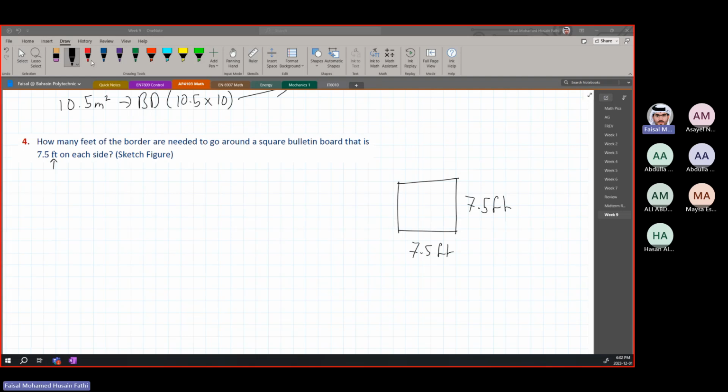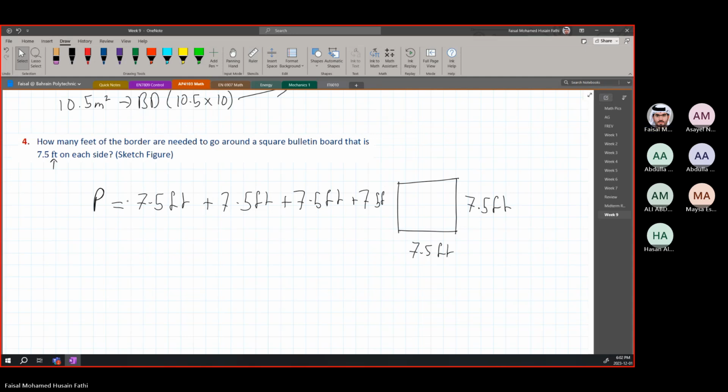Very simple. What are you going to do? You're just going to find the perimeter. You need to find all of this. To do that, you know it's a square, so the perimeter for a square is equal to 7.5 feet plus 7.5 feet plus 7.5 feet plus 7.5 feet.